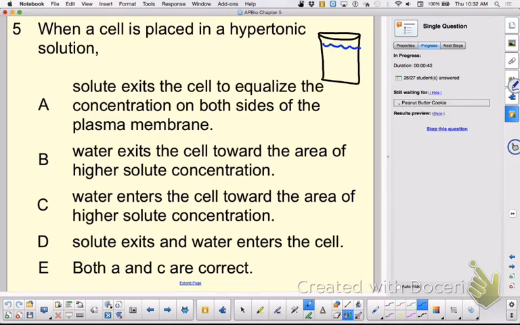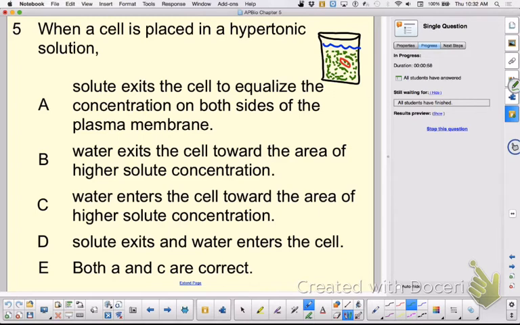Okay, this looks strikingly like our other diagram I just did.